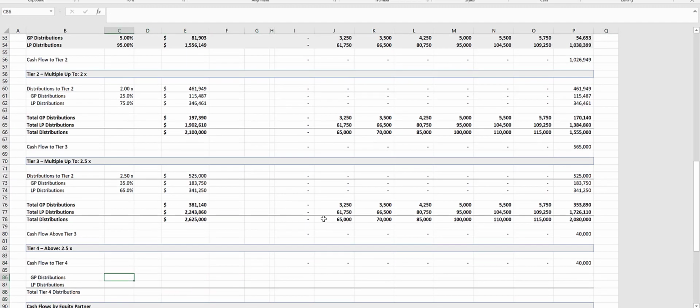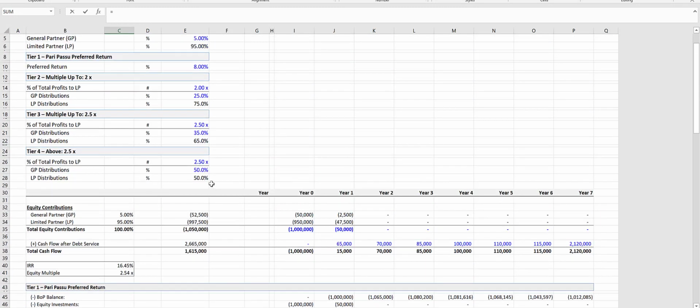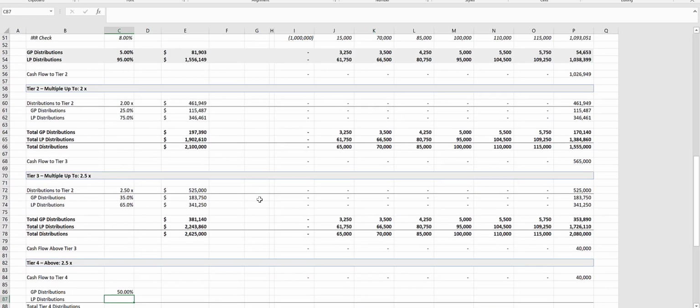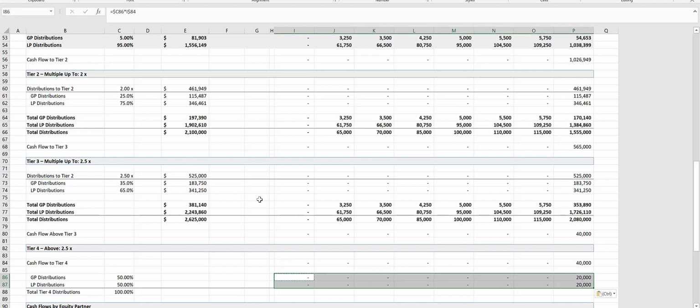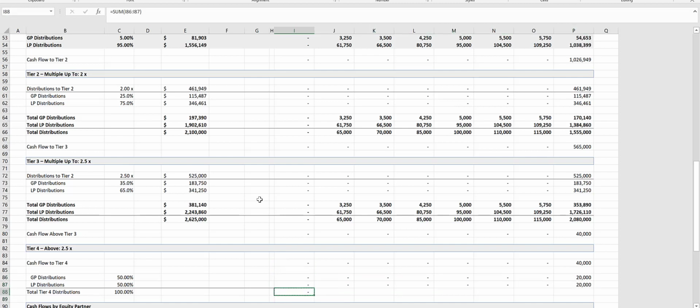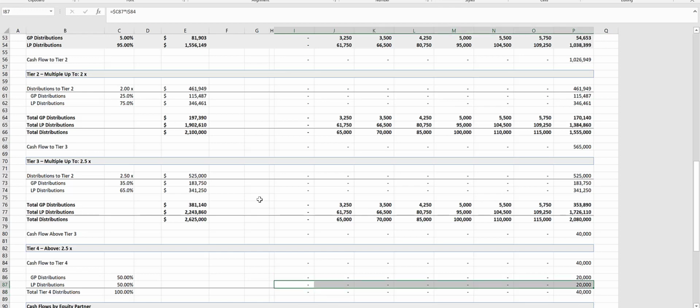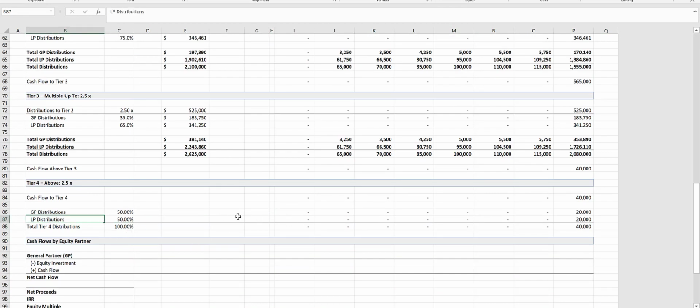And then our GP distributions in this tier will be 50%, and our LP distributions will be 50% for a total of 100%. So we'll lock in the column, lock in the row, copy this down and across, and sum it all up. There we go. So those are our total tier 4 distributions.